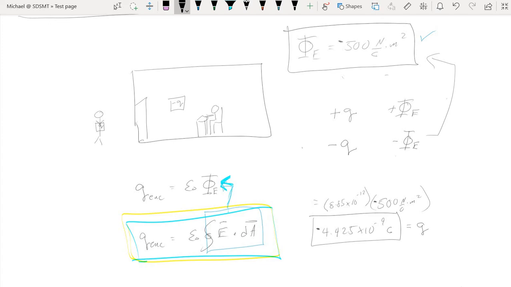Alright, I think that is enough for this particular video. When we come back, I think I'll do one more video for the chapter 23 material. It might be a shorter video. I think there's one more case scenario for solving for electric field magnitude, and that would be for the charged disk.